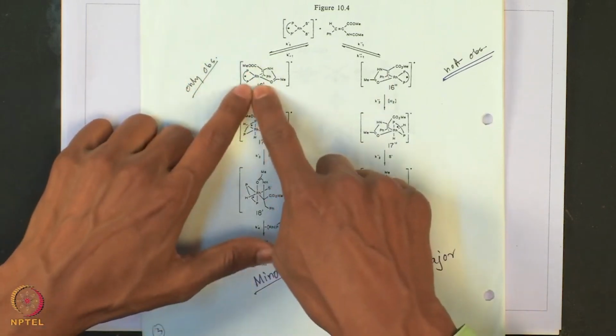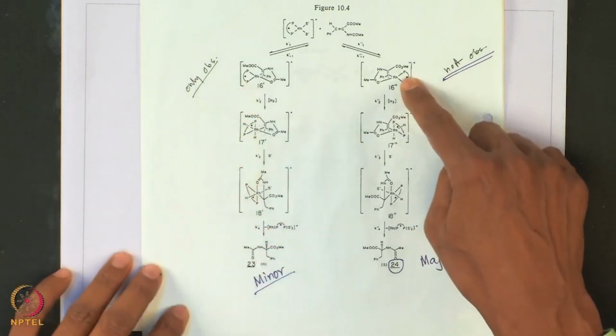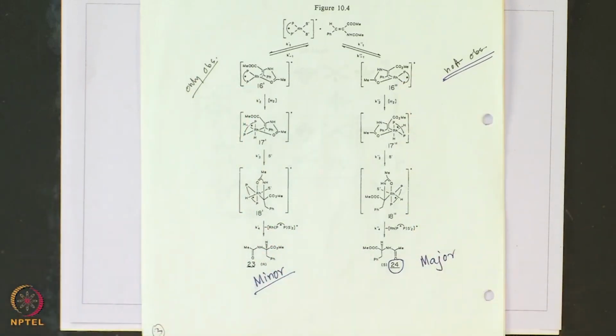So, 16 prime will be converted to 16 double prime, and then 16 double prime is going to give you the product formation.